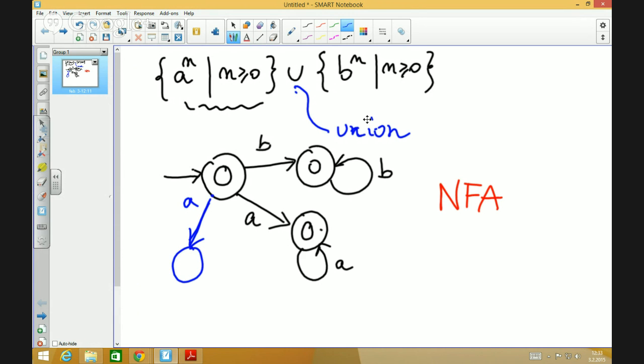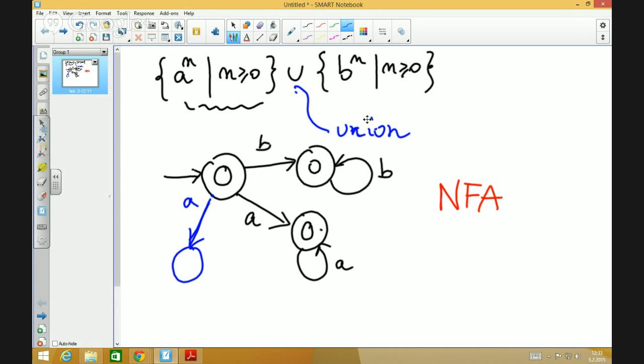Remember my theater about the oracle? So you read an A in your initial state, you ask the oracle, which way should I go? And the oracle would say, use the black A-labeled transition, not the blue one.